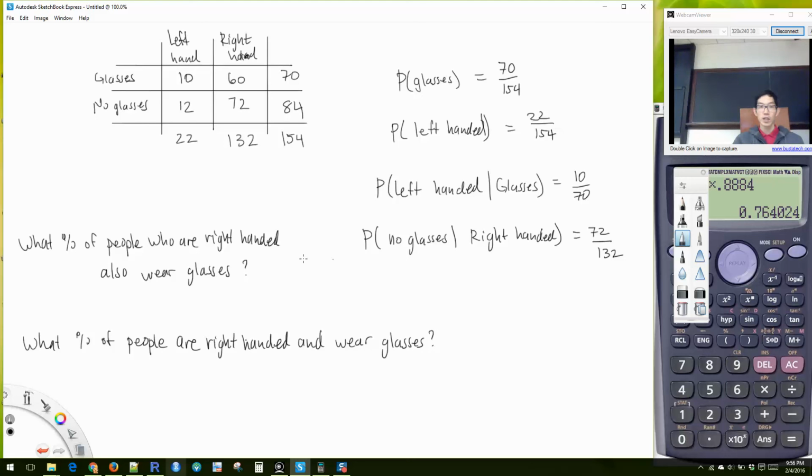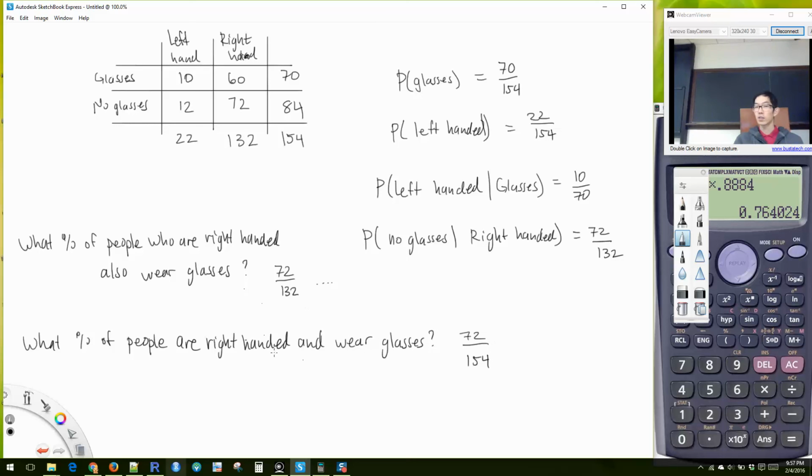Okay, and then this question: what percentage of people who are right-handed also wear glasses? That would be 72 out of 132 turned into a percentage. What percentage of people are right-handed and wear glasses? This would be 72 out of 154.